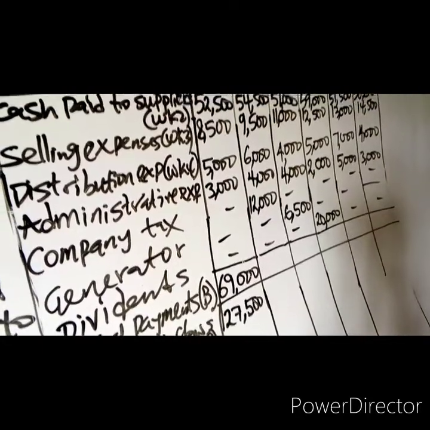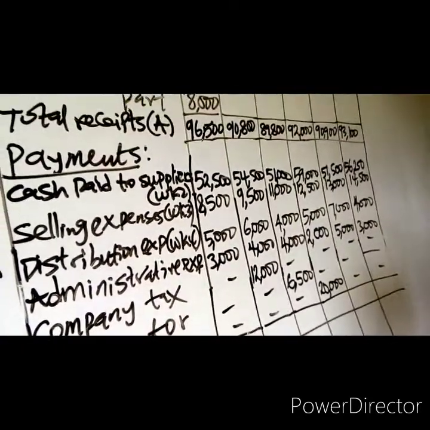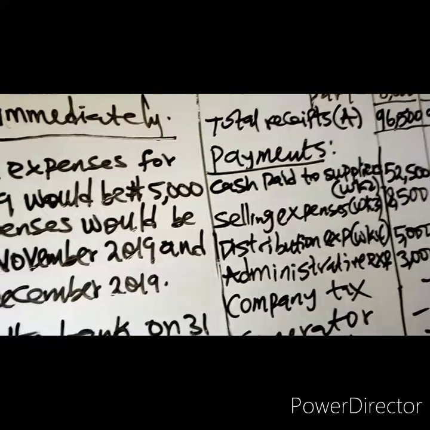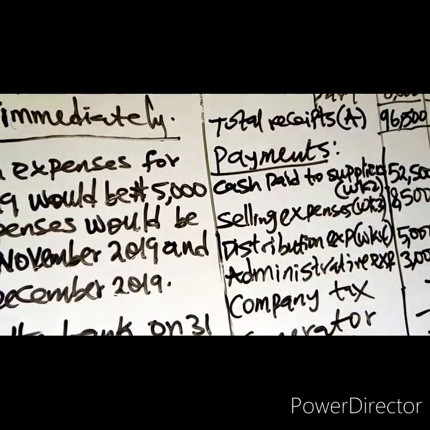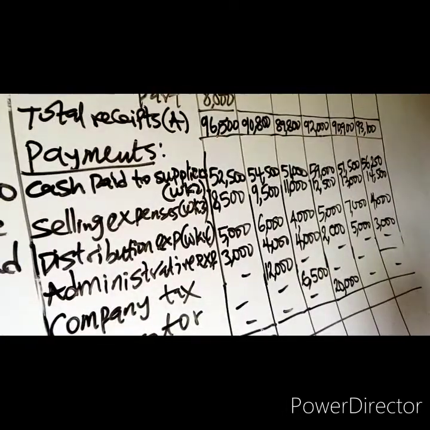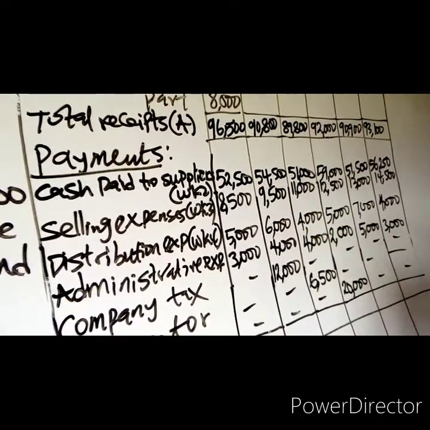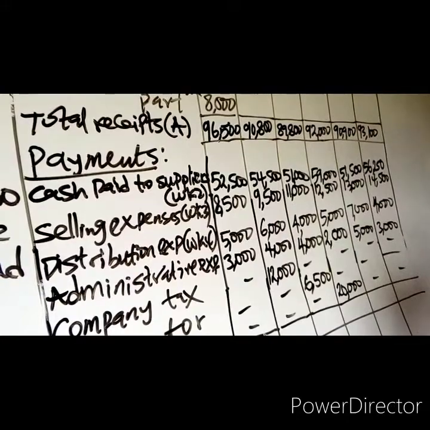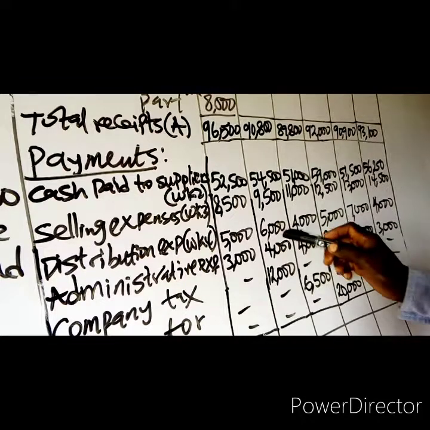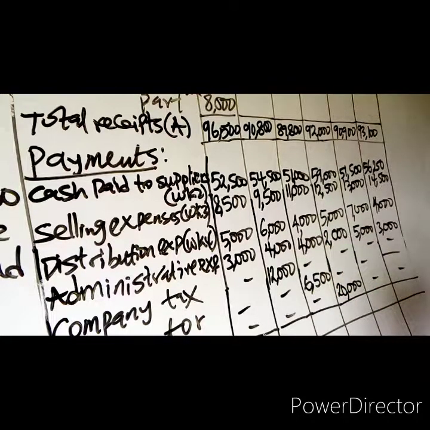Then for the month of February, you also sum up the payments. For February, we have 54,500 plus 9,500 plus 6,000 plus 4,000 plus 12,000.